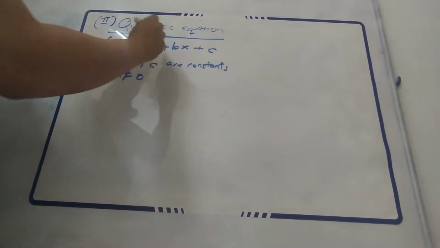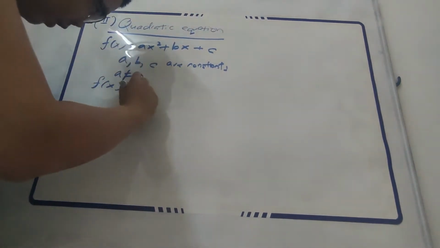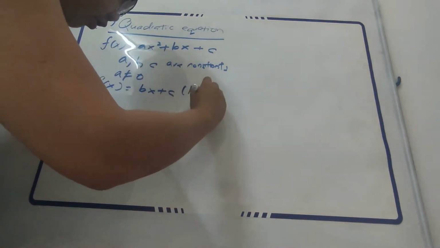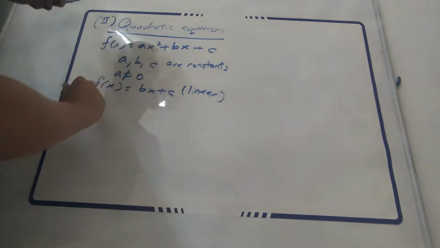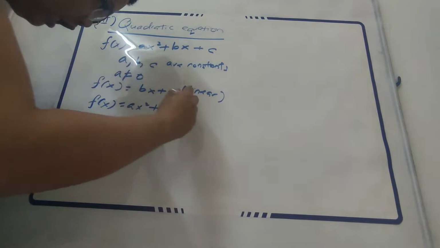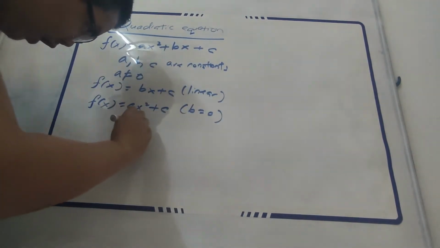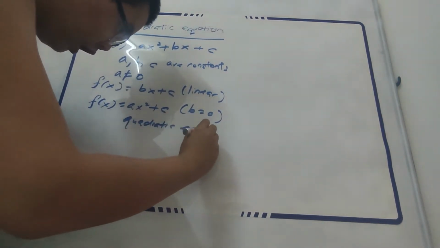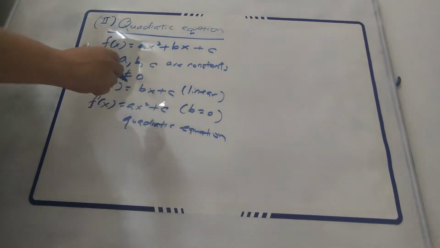Why? Because if your a is equal to 0, your fx is equal to bx plus c, which is a linear equation or linear function. And even if your b is equal to 0, it is still a quadratic equation, because you have x to the power of 2, x squared.